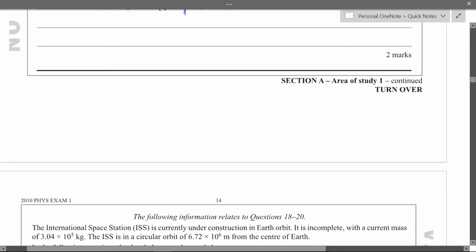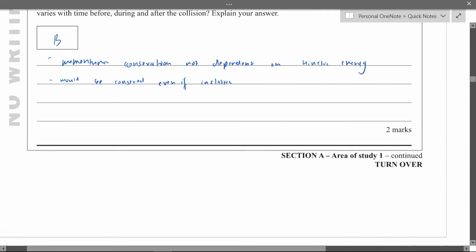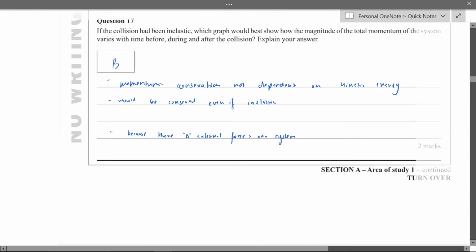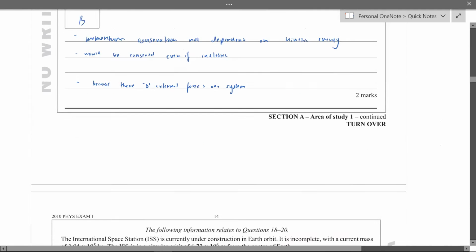And I think the answers also said you had to add because there are zero external forces on the system. Momentum is only conserved in a closed system, so you have to mention that as well.